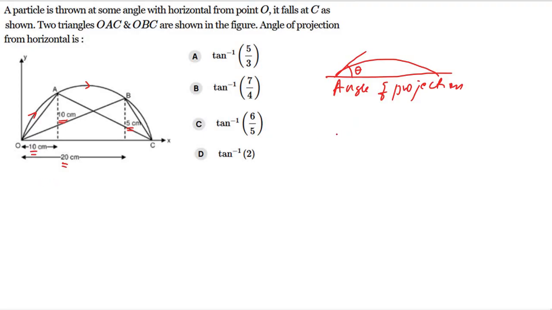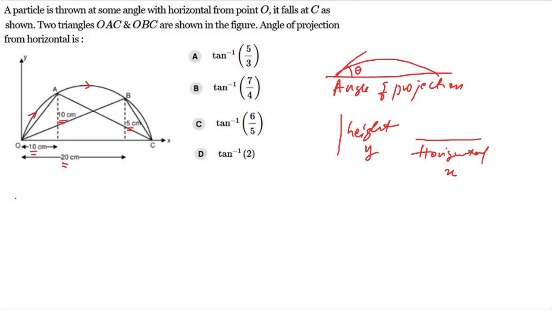So we already know, using some basic mathematics, the heights which we measure are usually taken as y, and the horizontal distance is usually considered as our x. So we have some basic equation for this.